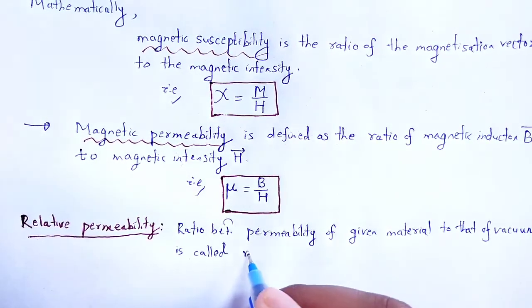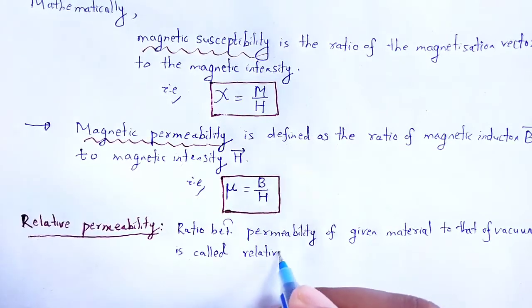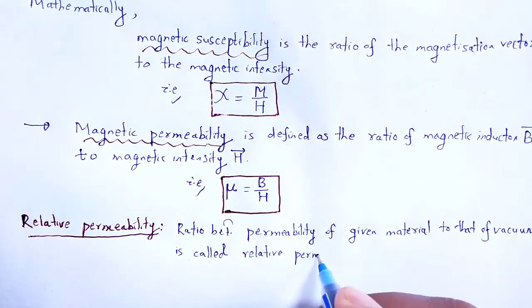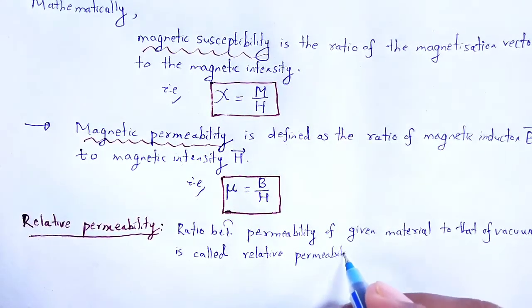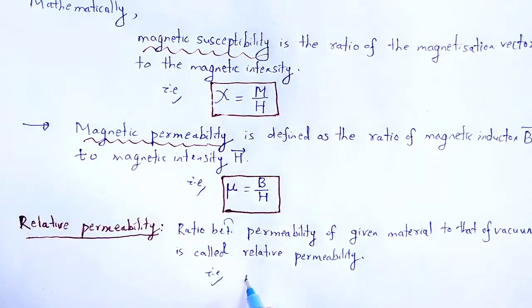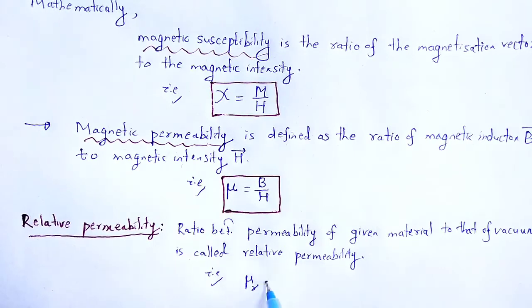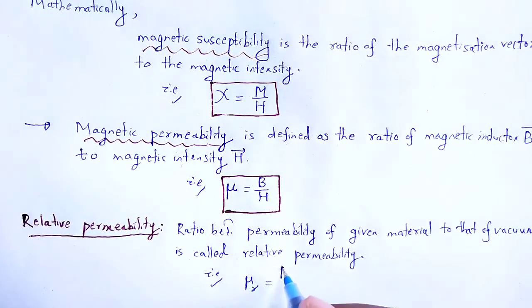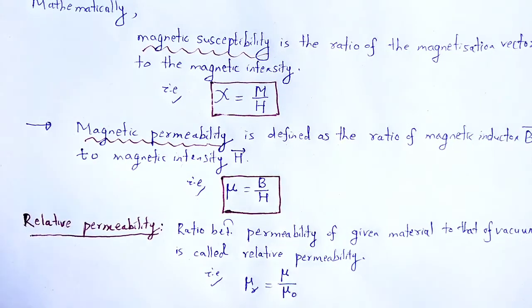That is, mu r, relative permeability, is equal to permeability of the medium to the permeability of free space, means vacuum.